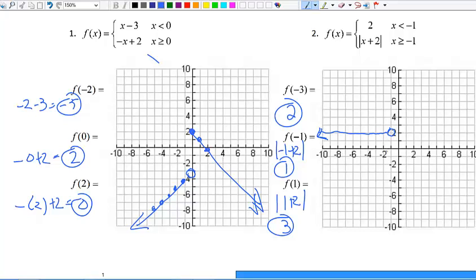And then the bottom equation, which does have a closed circle at negative 1, has a closed circle at positive 1. And then I can just fill in points from there. So at 0, I'm at 2. At 1, I'm at 3. So it's got a positive line going that way. So that would be number 2.